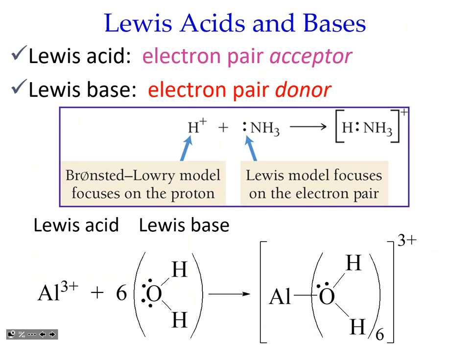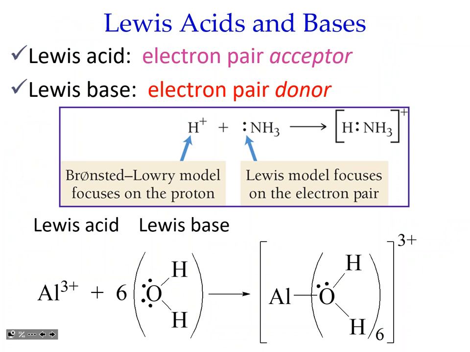All right, let's talk some Lewis acids, Lewis bases. Kind of briefly went over those in that equilibrium lab because we were using complex ions in there. But the Lewis acid is the electron pair acceptor, the Lewis base is the electron pair donor. So it's kind of opposite.